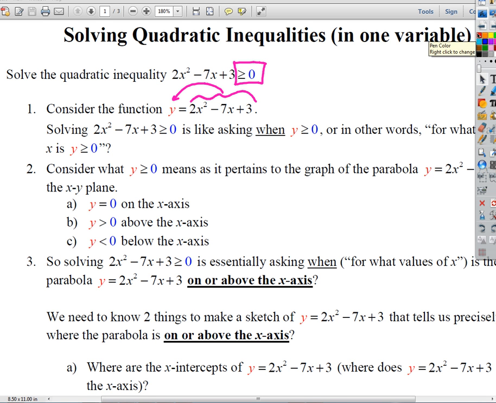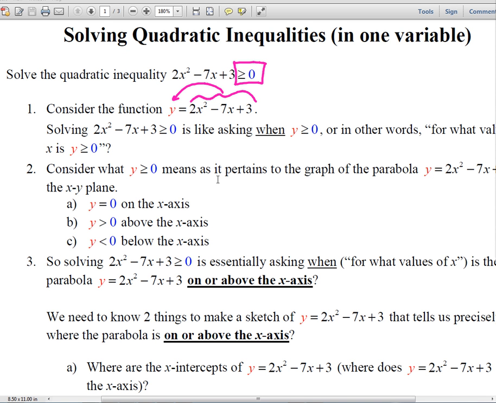We know that y is greater than or equal to 0 would have to mean on or above the x-axis, because y equals 0 is on the x-axis. y is greater than 0 means above the x-axis, and y is less than 0 means below the x-axis, and this would be a combination of greater than or equal to, right? So that's like asking the question, when is our sketch on or above the x-axis? So all we have to do then is draw a rough sketch of the parabola, and that sketch is going to give us our answer, okay?